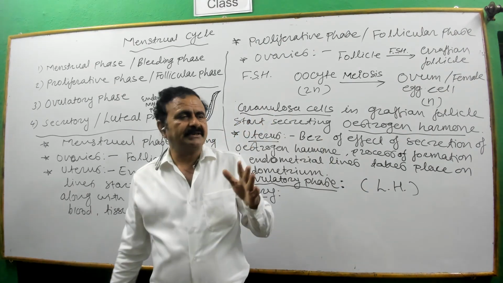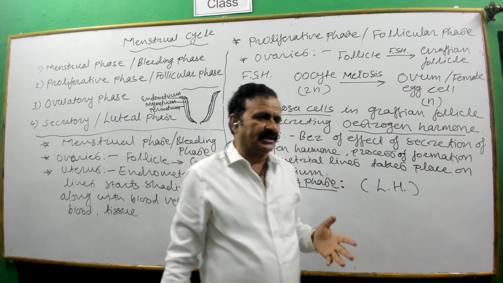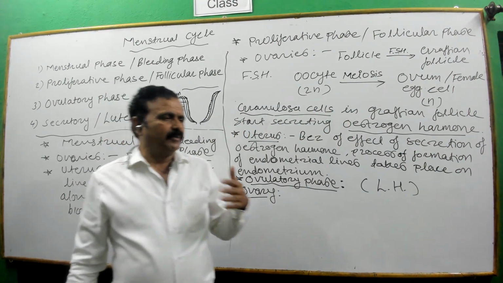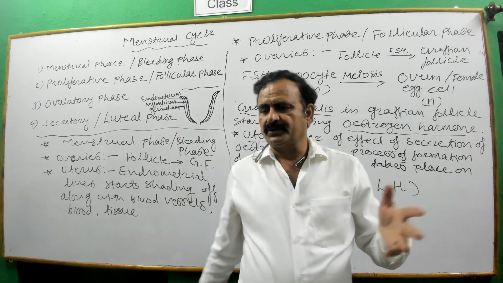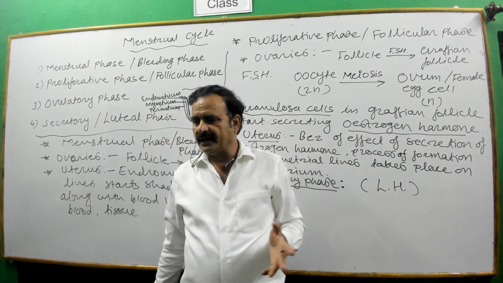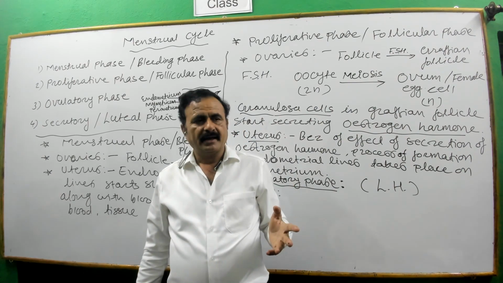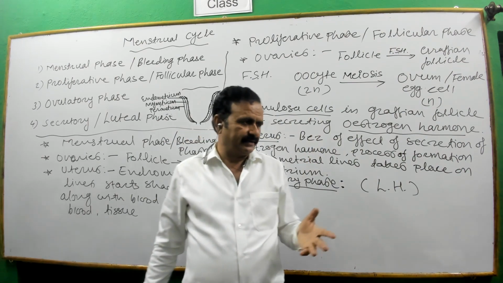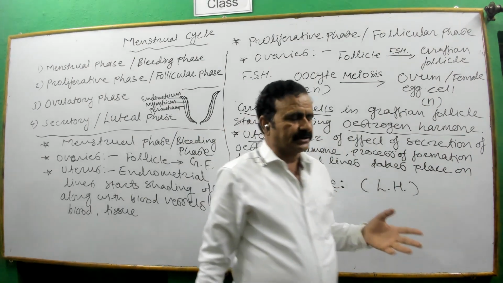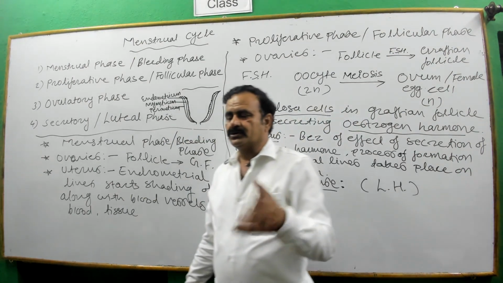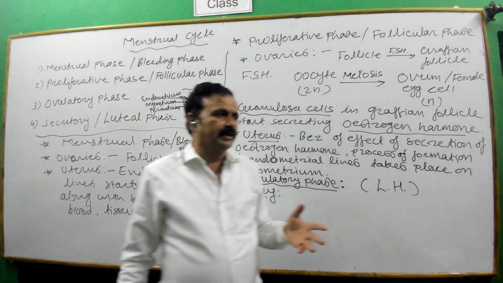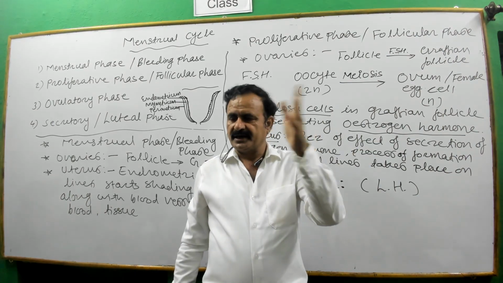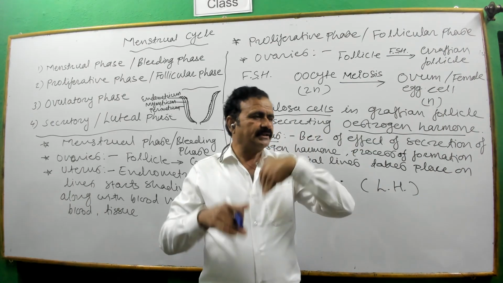The cells which participate in the process of fertilization are called germ cells, the cells of the human body which participate in growth and development are called somatic cells, and the cells which undergo the process of differentiation are called stem cells. What do you mean by differentiation? Differentiation क्या होता है बच्चों? When a mother cell undergoes cell division, it produces daughter cells.